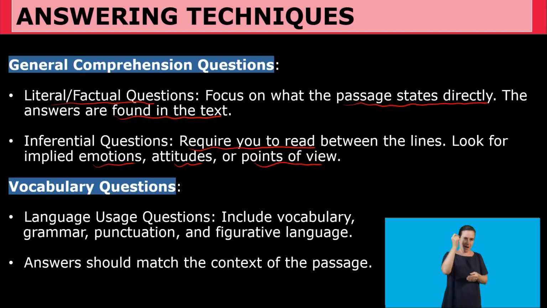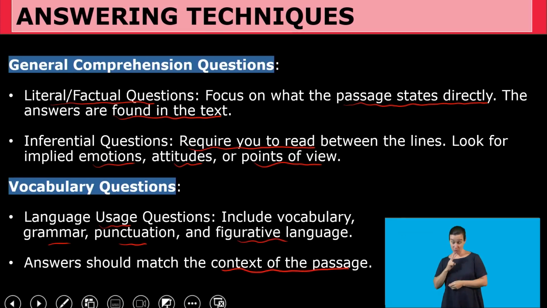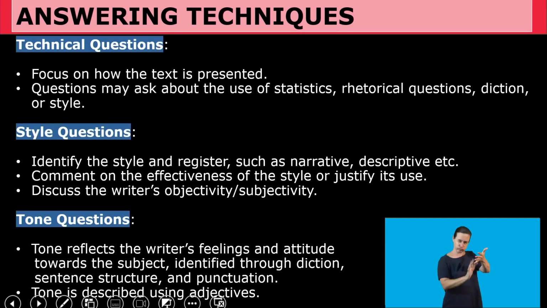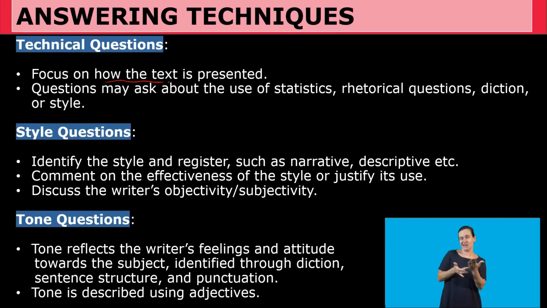Vocabulary questions focus on language usage. They include grammar, punctuation, and figurative language. Answers should always match the context of the passage. Technical questions focus on how the text is presented. Questions may ask you about the use of statistics, rhetorical questions, diction, or even style.